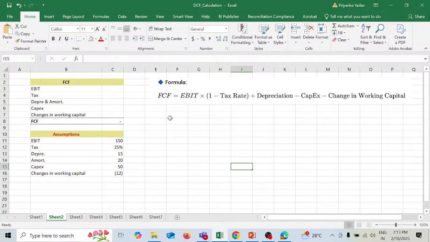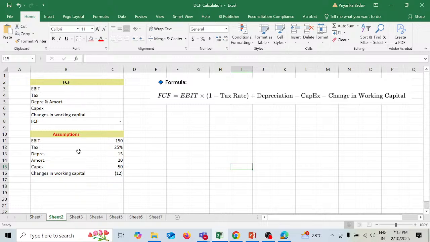That is the cash a company generates after covering operating expenses and capital expenditures. The formula over here you can see, it is EBIT multiplied by 1 minus tax rate plus the depreciation minus capex minus change in the working capital, that is increase or decrease in the working capital.